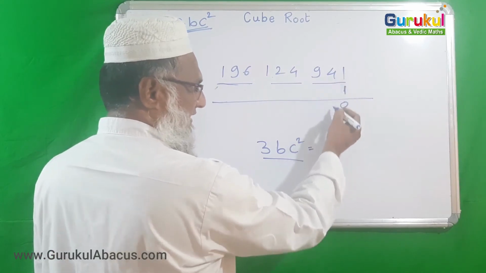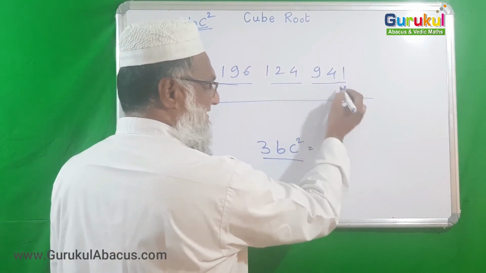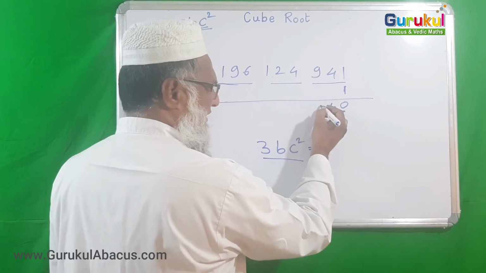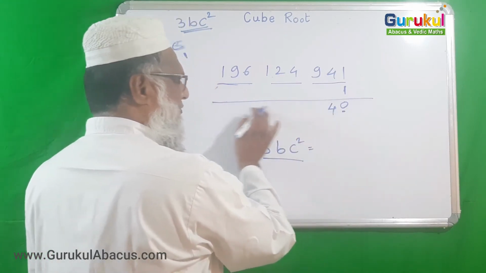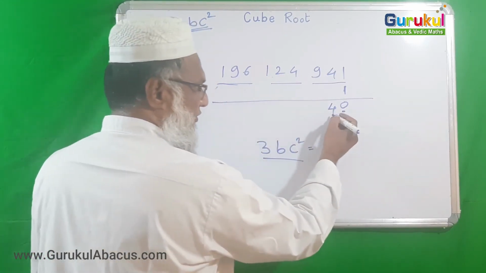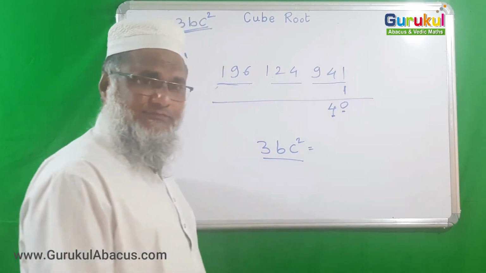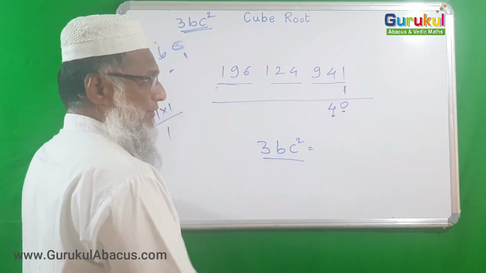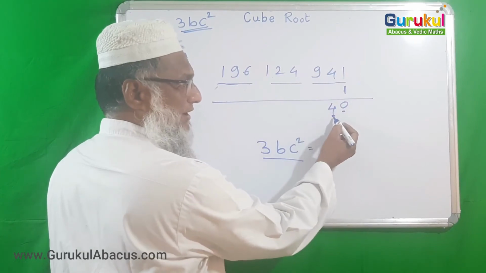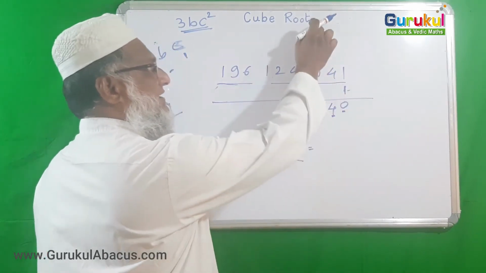Now just see next to it. The middle digit of the pair, 4, is remaining, and 9. It is not necessary to write everything further. So here we got 4, the middle digit of the pair after subtracting the cube of the last digit.